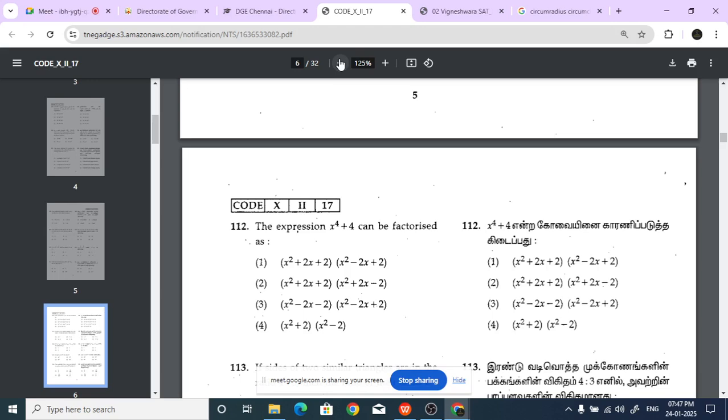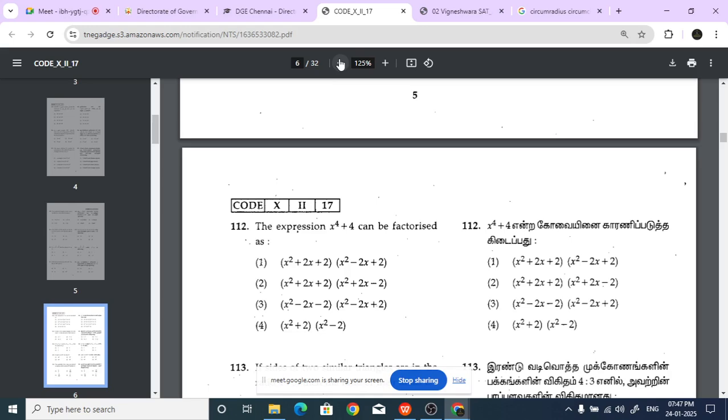The expression x power 4 plus 4 can be factorized as which one? If you know which option will give equivalent to x power 4 plus 4. I'll tell you a secret, a shortcut.